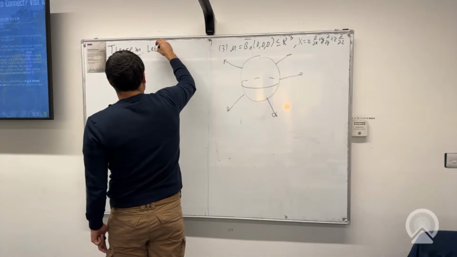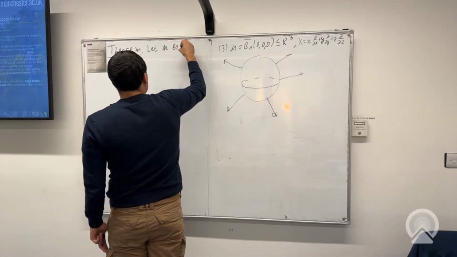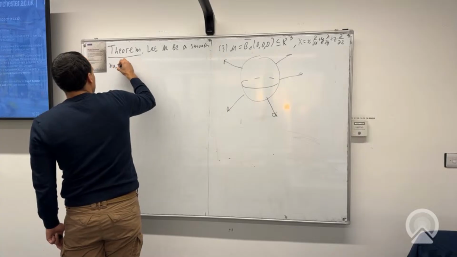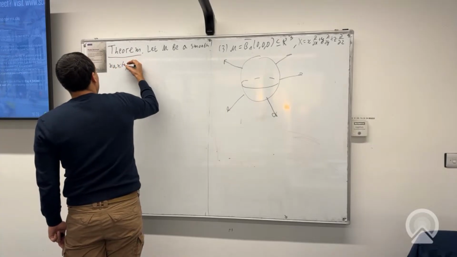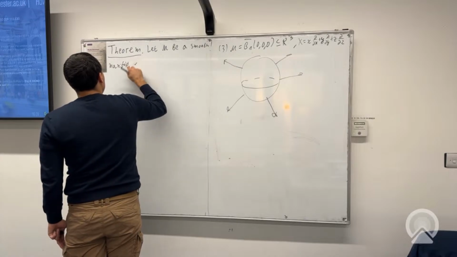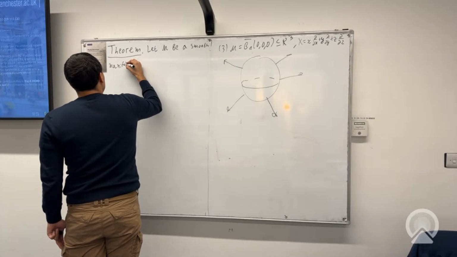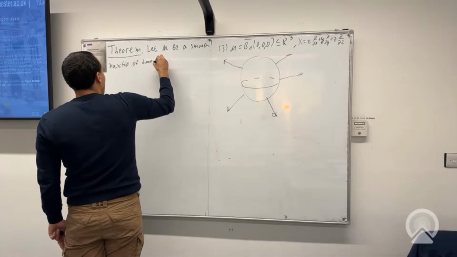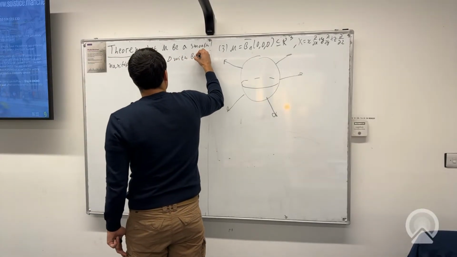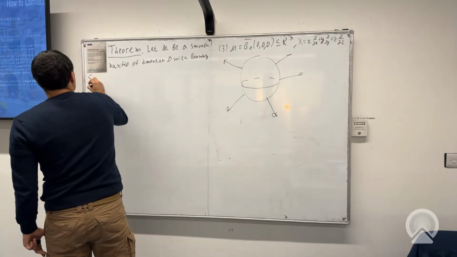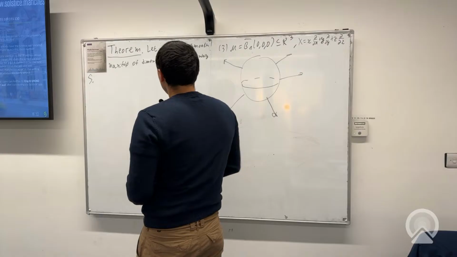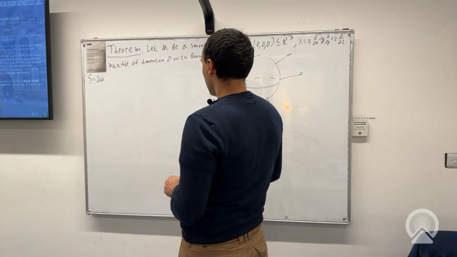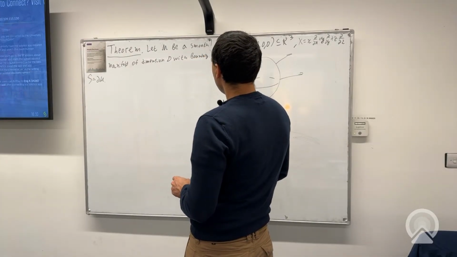Let M be a smooth manifold of dimension d with boundary S. Smooth manifold with boundary S. The boundary S is denoted, let me call it curve D of M, partial D.